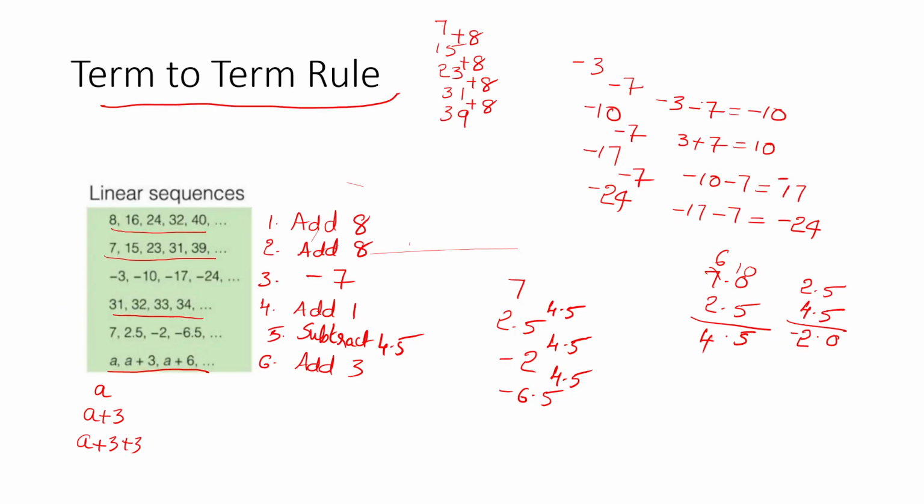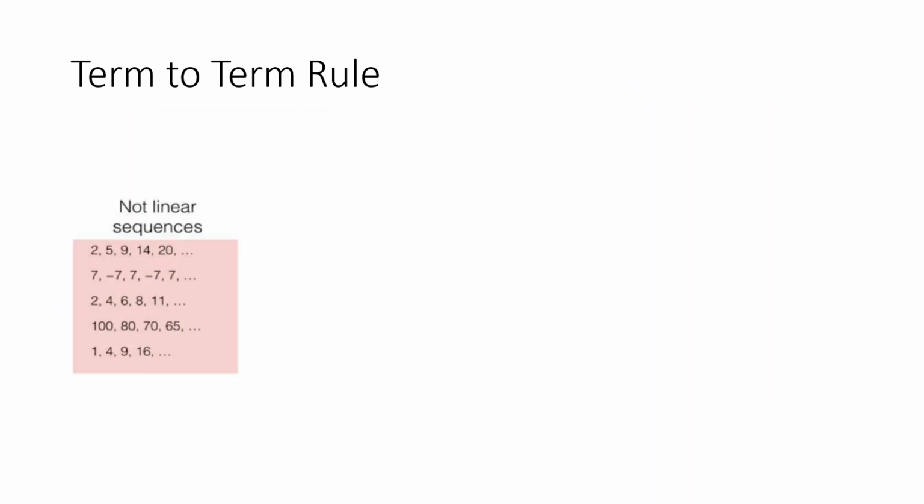Okay, so now we will see some other examples with non-linear sequences. The first one I am just writing here: 2, 5, 9, 14, 20. Okay, then along with 2 I have to add 3, right? Then along with 5 I have to add 4.